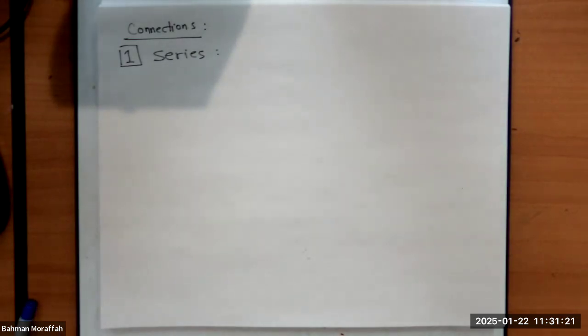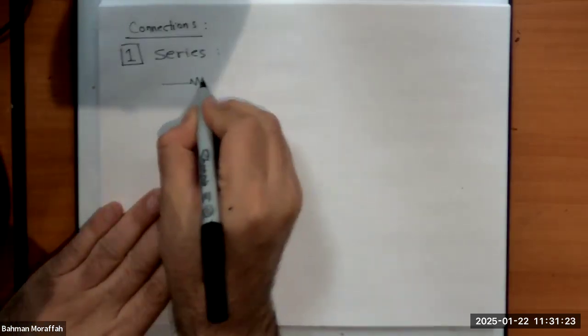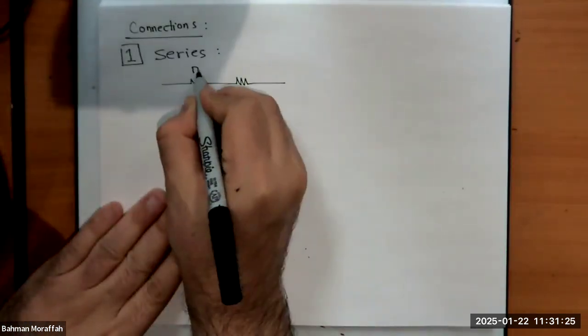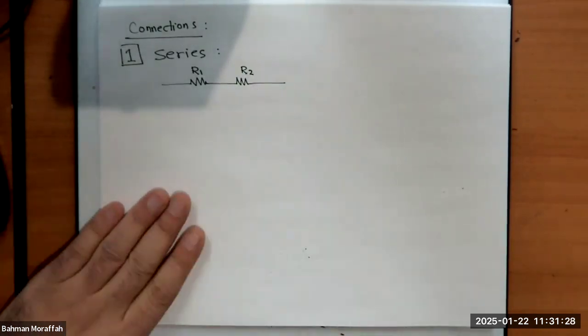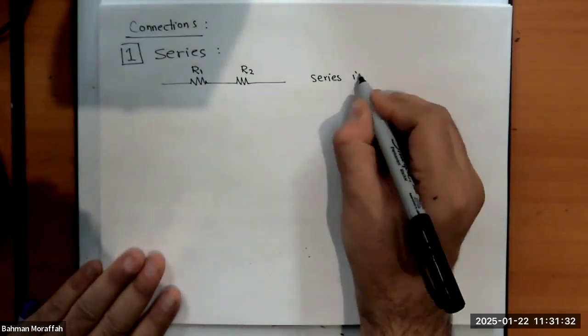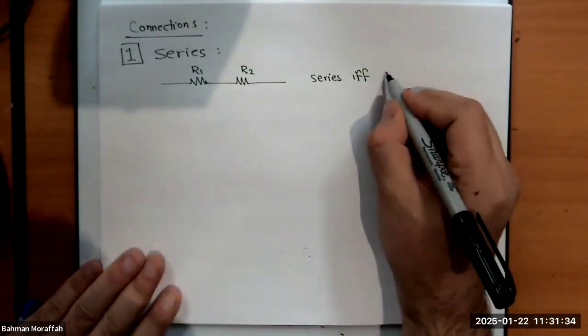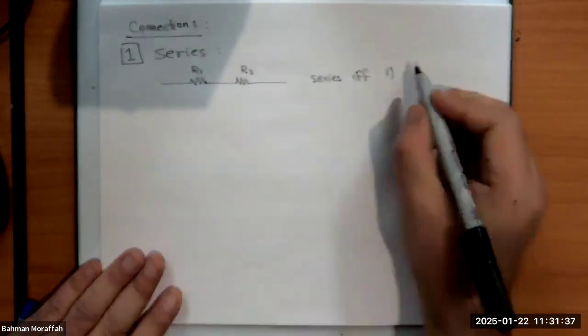So let's just write it down. We say R1 and R2 are in series if and only if these 2 conditions hold. First, they're back to back.